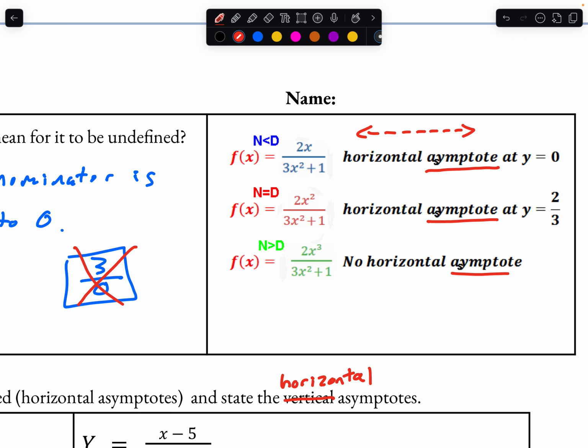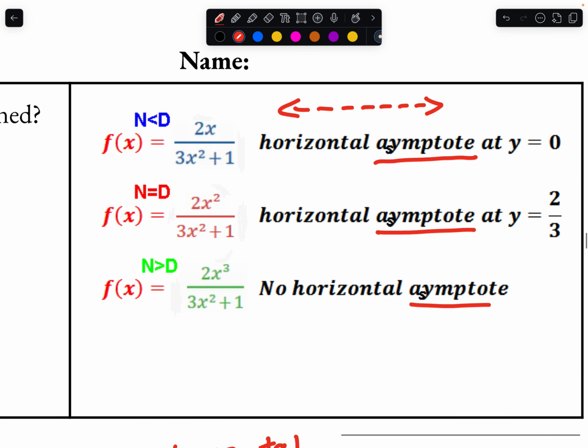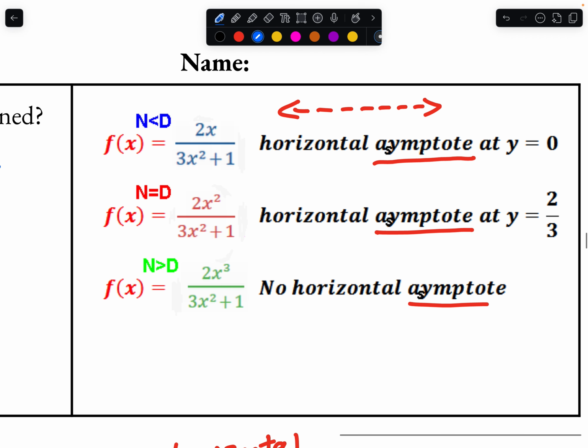So for the horizontal asymptotes, we need to look at the powers of the function. We can see the polynomial on the top is degree 1, or a linear polynomial, and the bottom is degree 2. What we call that is bottom heavy.